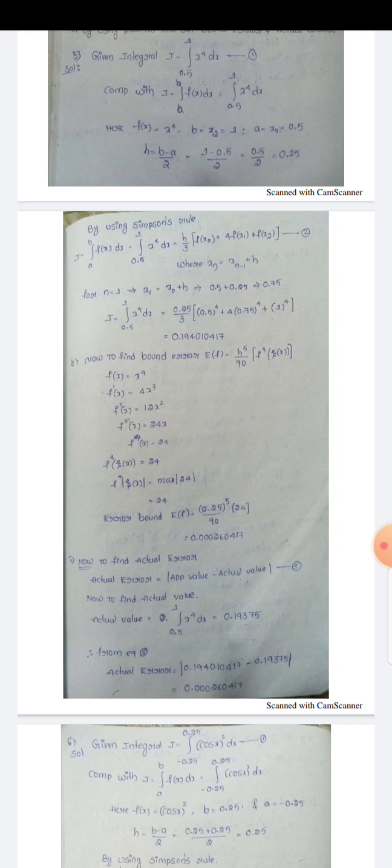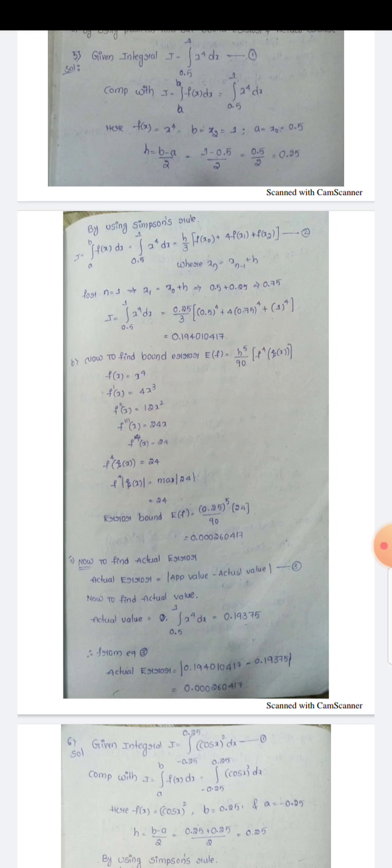We get I is equal to integral 0.5 to 1 x power 4 dx equals h by 3, that is 0.25 by 3, into f of x0 plus 4 into f of x1 plus f of x2, that is 0.5 power 4 plus 4 into 0.75 power 4 plus 1 power 4.